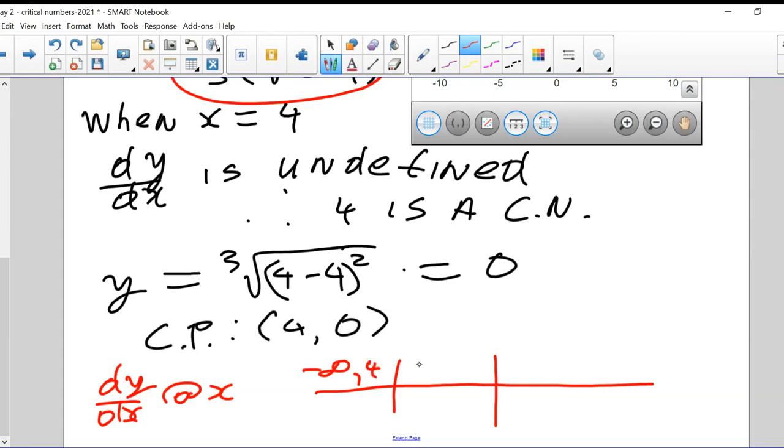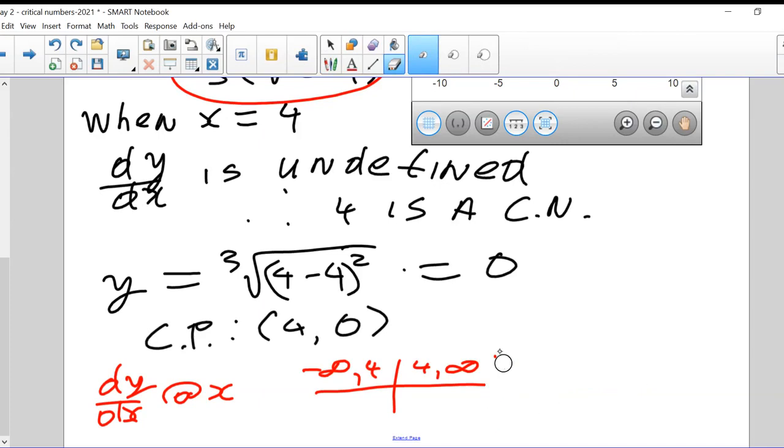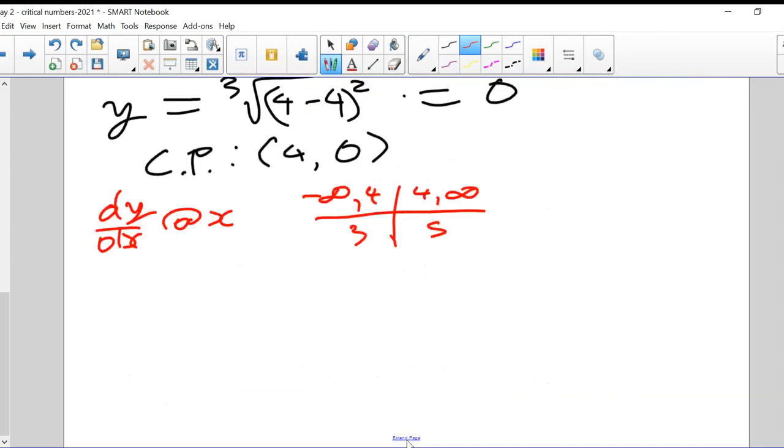And then actually we only need 2, 4 to infinity. Yeah, we just need 2. We don't need the rest of the table. I'm just going to erase that. Since there's only 1 point, we just need that. So I'm going to choose 3. I'm going to choose 5. All right, those are the two numbers I'm going to work with, dy dx at those 2 points.